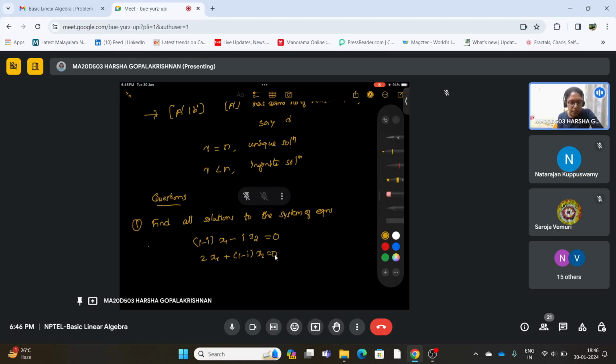If the RHS is everything 0, we will call it a homogeneous system. And in this case, if we are writing it as AX equal to B, what will we get?